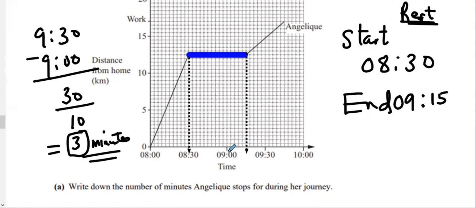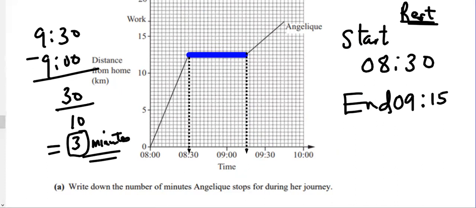So this is 9:03, 9:06, 9:09, 9:12. Here will be 9:15. If you keep going, 9:18, 21, 24, 27, then 9:30. So I'm correct. So at this point here, it is 9:15.